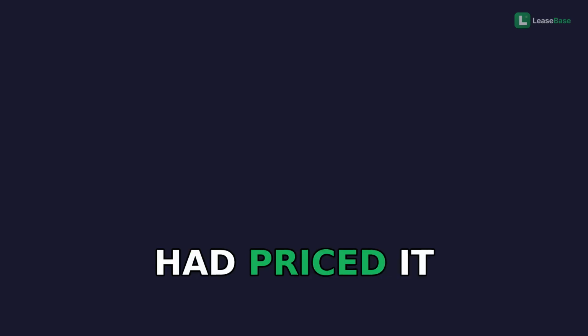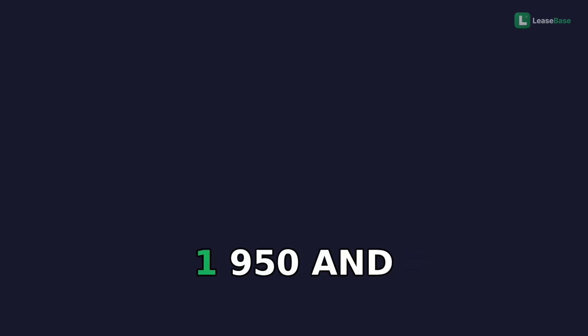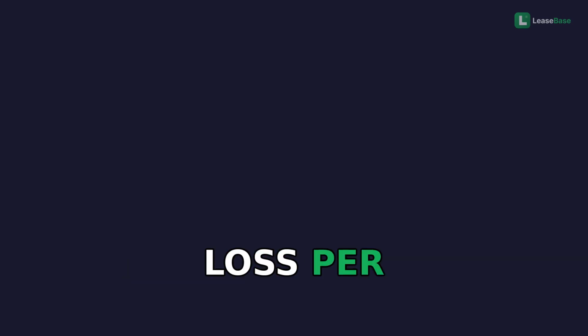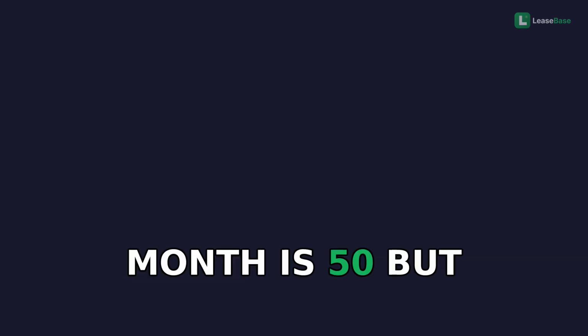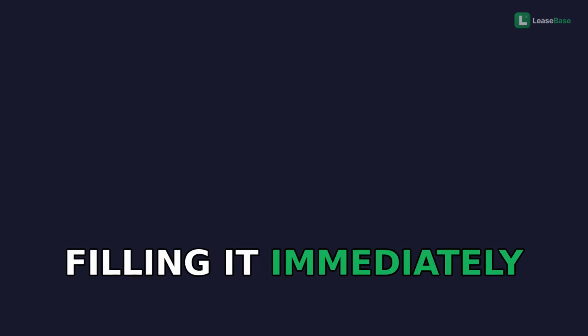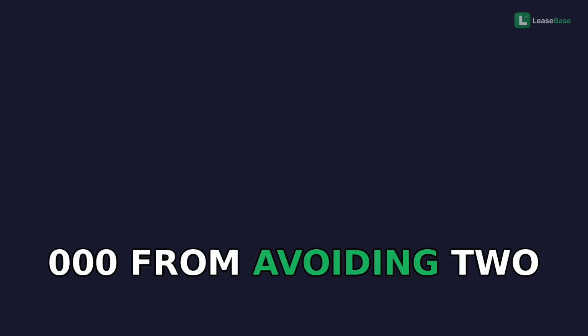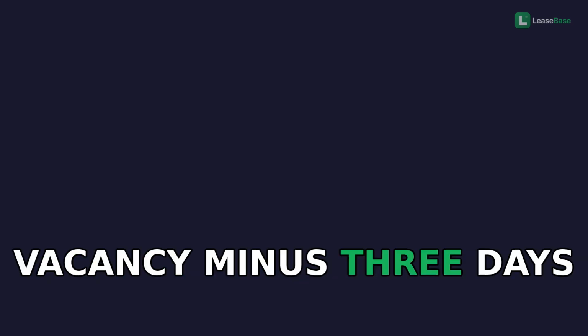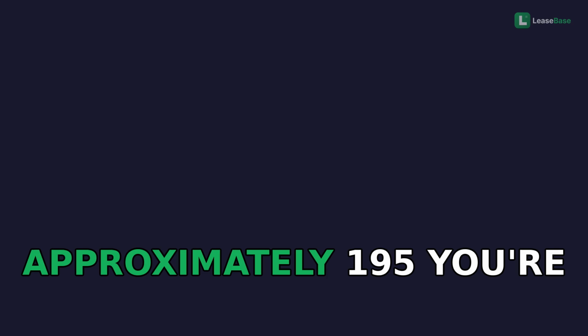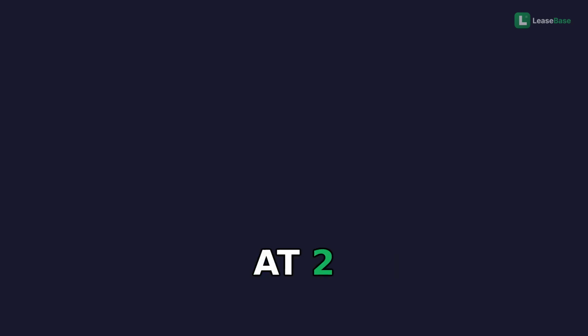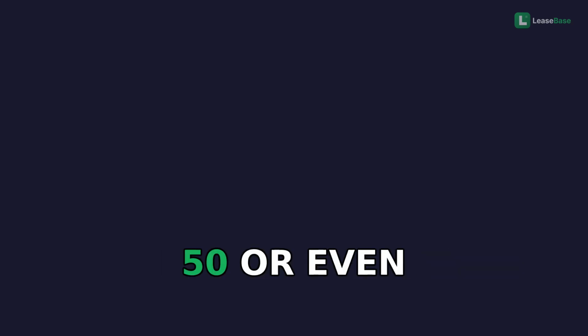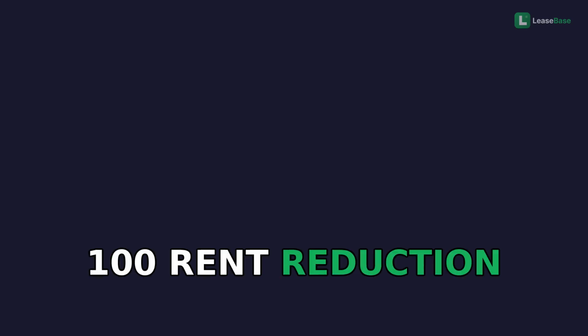Now, what if you had priced it $50 lower, at $1,950, and rented it in just 3 days? Your loss per month is $50. But your gain from filling it immediately is $1,000 from avoiding 2 weeks of vacancy, minus 3 days of prorated rent, approximately $195. You're still ahead by over $800. A 2-week vacancy at $2,000 per month costs you $1,000, often more than a $50 or even $100 rent reduction.